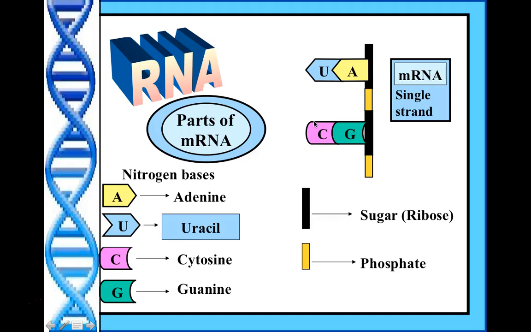That doesn't change. Now, just because I want you guys to understand this, if there is a T or a thymine found in a DNA strand, that can still bond with adenine because there is an adenine found in RNA. So A will bond with U, but T can bond with A.